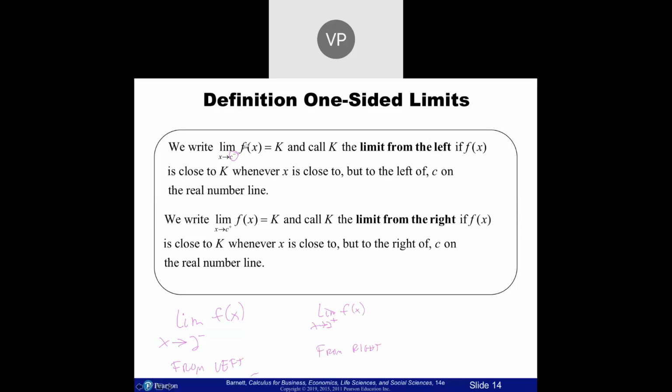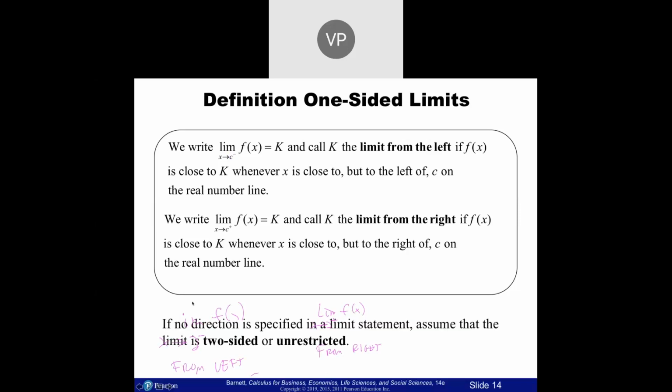If you look at the example that I did earlier, we were finding the limit from both sides. Sometimes they're going to ask you to find just one. What's going to be happening from one side or the other? If no direction is given, if you don't see that little plus or minus at the top, then it's known as the regular limit and it's two-sided.